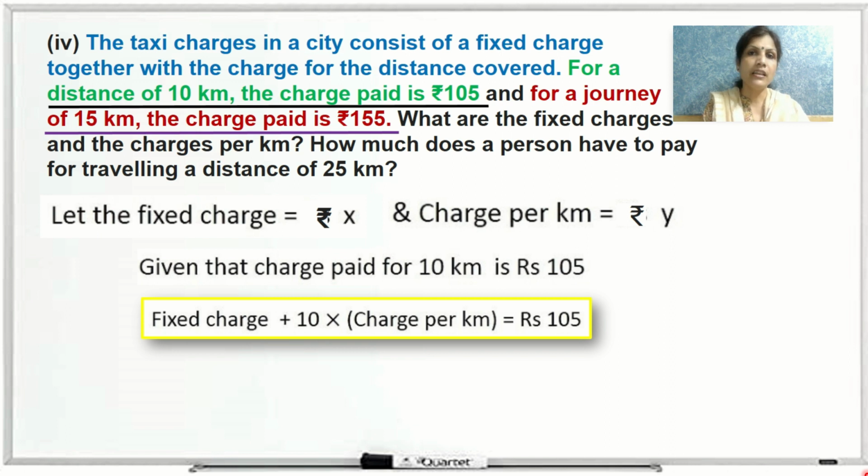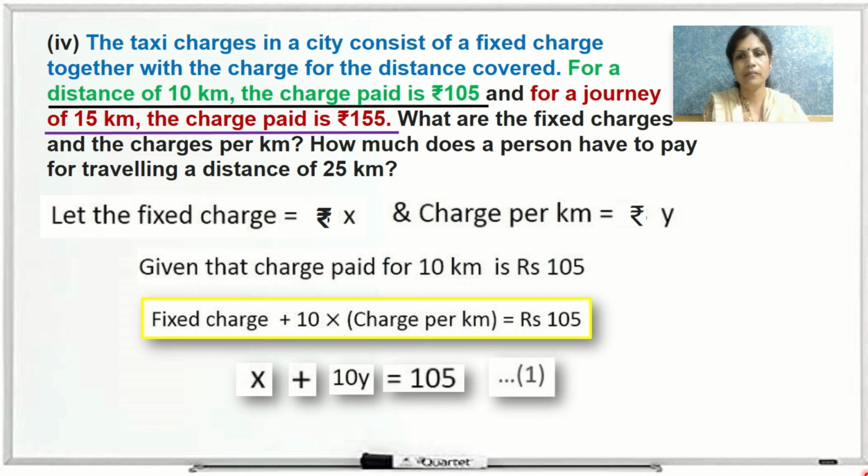So how will we frame our equation? We have taken our fixed charge as x plus 10 into y is equal to 105, and this is our equation 1.